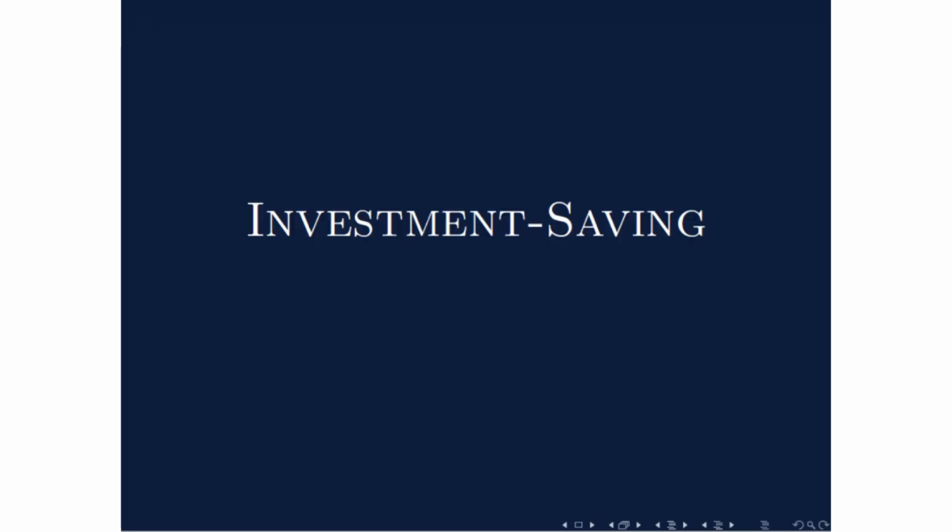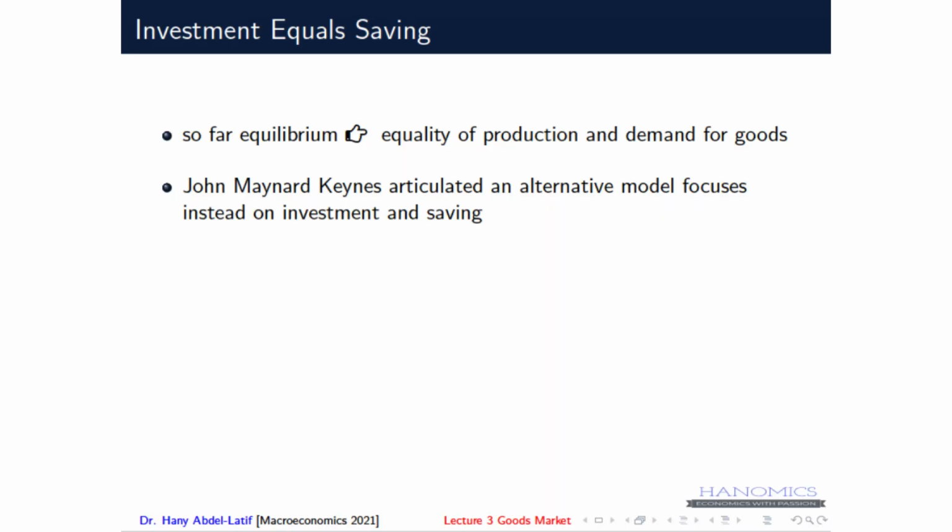Now let's move on to a very important relationship in the goods market, which relates investment to saving. So far, we know that equilibrium requires the equality of production and demand for goods. John Maynard Keynes articulated an alternative model that focuses instead on investment and saving. How does that work?